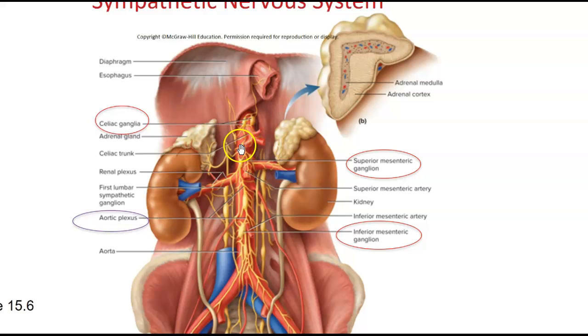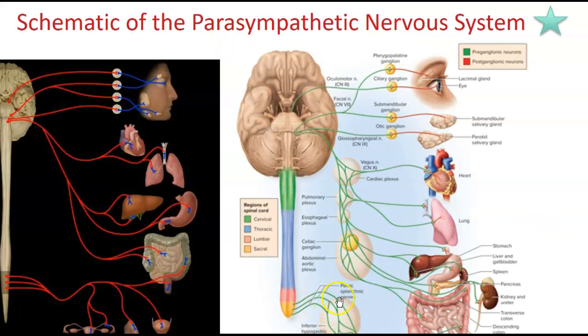There are three major collateral ganglia. One is the celiac, the other is the superior, and the third is the inferior mesenteric ganglion. The celiac and the superior mesenteric ganglion are also called the solar plexus. Those ganglia will control the activities of different viscera. In comparison, the sacral nerve and the cranial nerves control the parasympathetic nervous system.